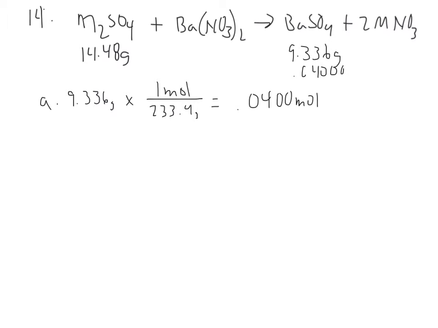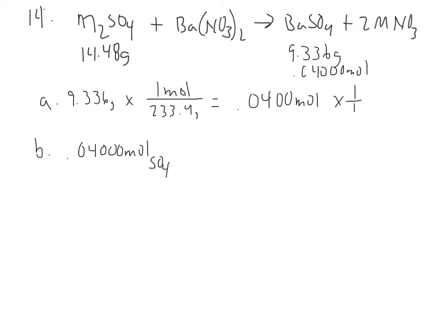So now they have 0.0400 moles of BaSO4. Since that contains all the sulfate from the first one, then I also know the amount of the sulfate ions. So my amount of sulfate ions, since it's in a 1-to-1 ratio, is also 0.0400 moles of SO4.